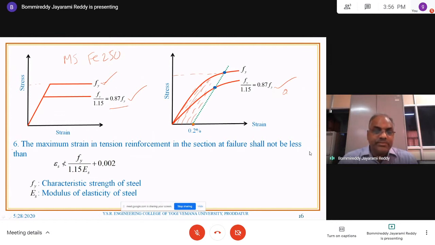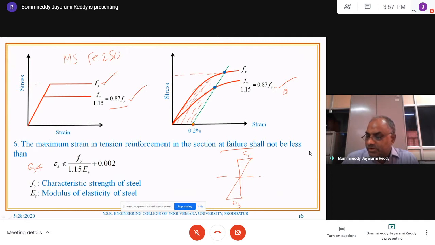Next, the sixth assumption: the maximum strain in the tension reinforcement in the section at failure shall not be less than a certain value. So the strain diagram is like this. This is the neutral axis, this is the strain in concrete, and this is the strain in steel. The meaning is the strain in steel should not be less than this value at the bottom at the time of failure.